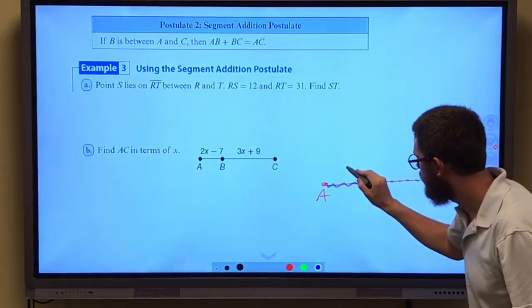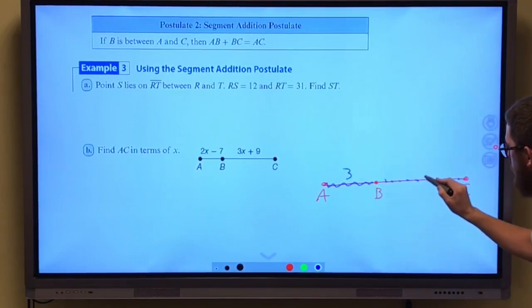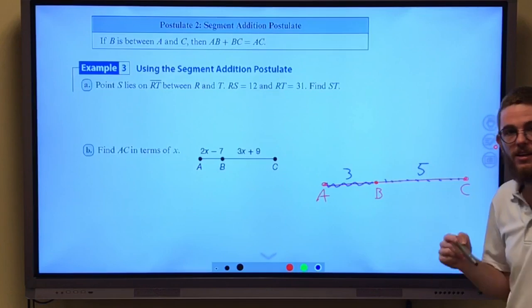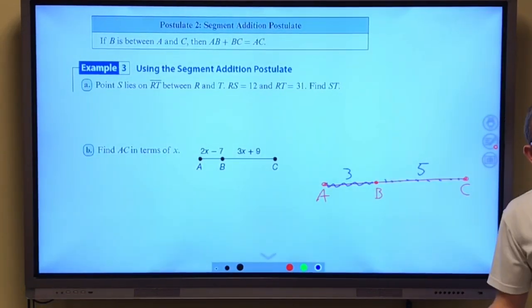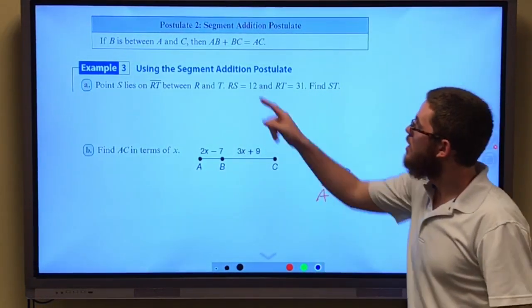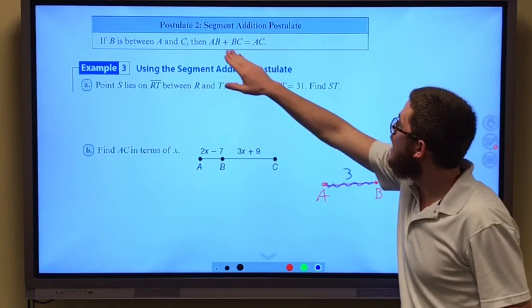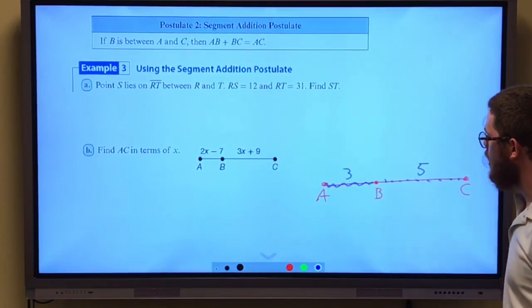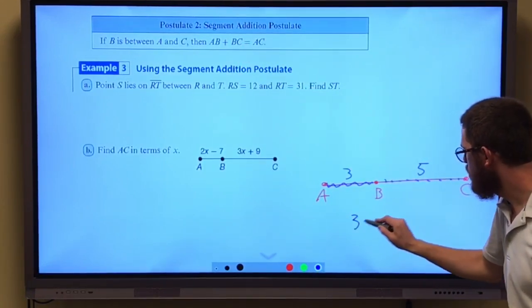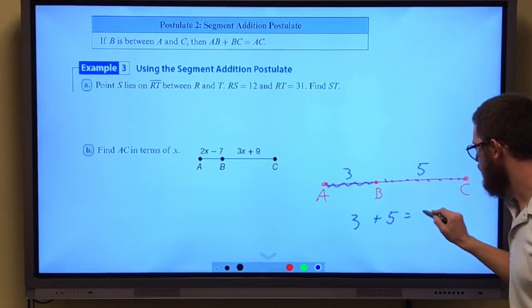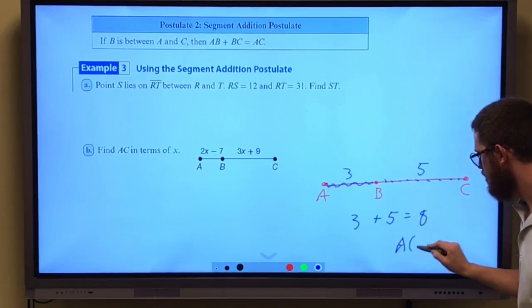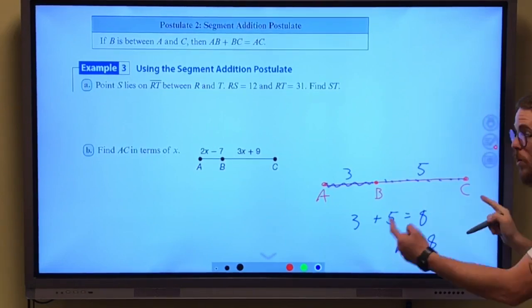If this piece is 3, plus this piece right here, if this piece is 5, adds together to give us the entire segment. And again, hopefully this does make sense. B is somewhere between A and C. AB plus BC gives me AC. So in this case, 3 plus 5 gives me 8. AC would equal 8 units.